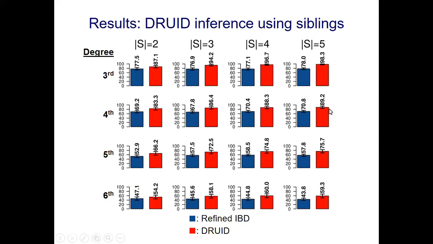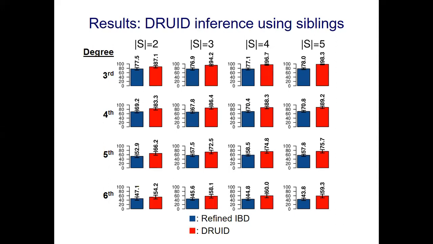In addition, so thinking about when S is very large, when we have 5 siblings, DRUID tends to infer between roughly 16 and 20% more samples correctly than this pairwise state-of-the-art relatedness approach, refined IBD.